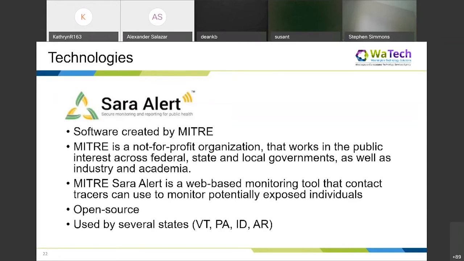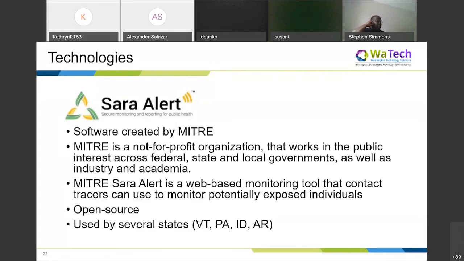So this is not actually an app that's downloaded, but it is a system that's used to follow up with people regarding symptoms and then determine whether or not they need to be further contacted by healthcare professionals or epidemiologists regarding the escalation of the disease if they have it.